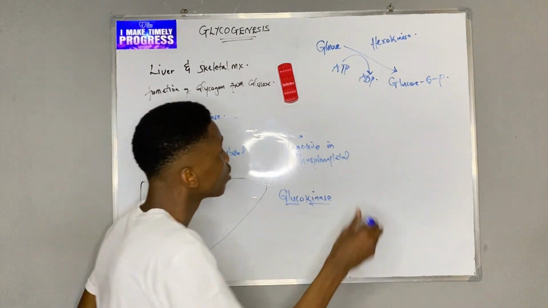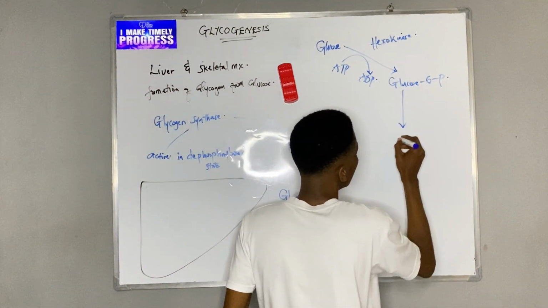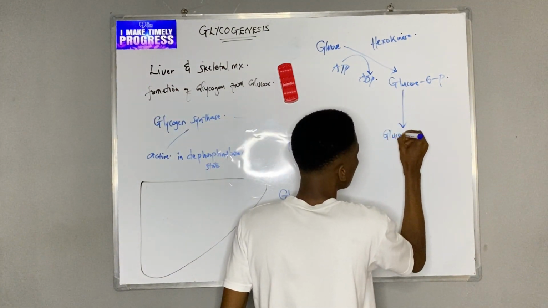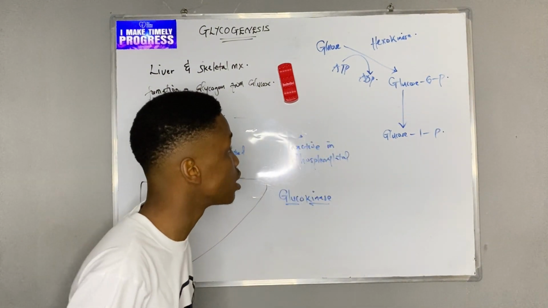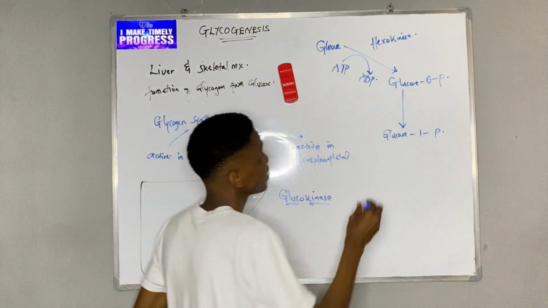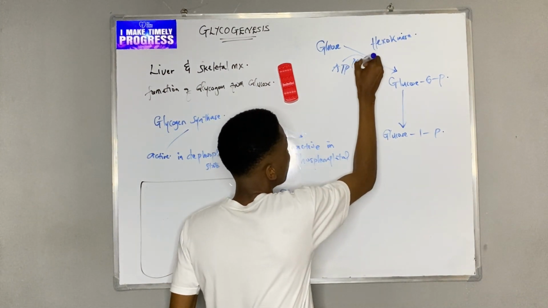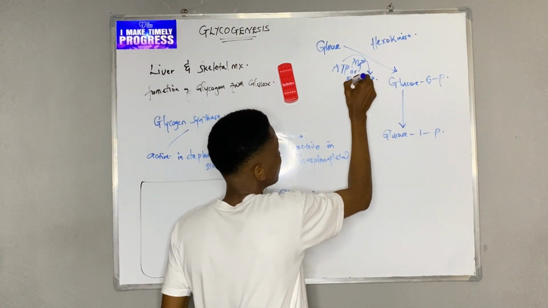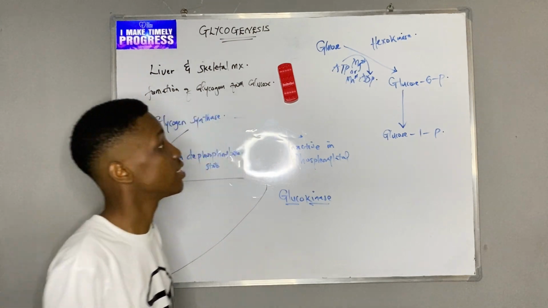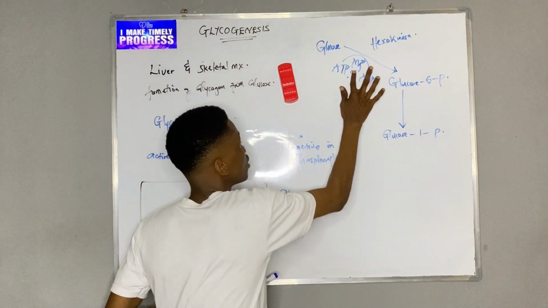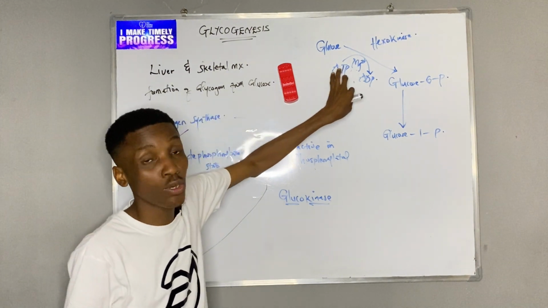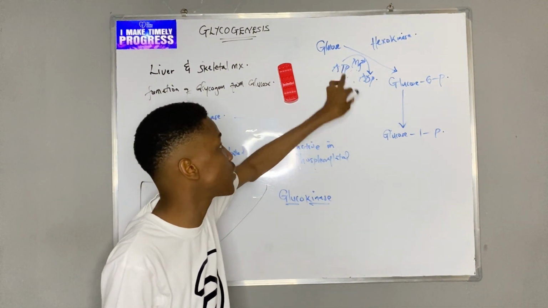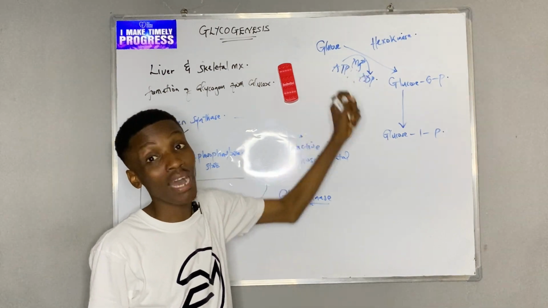Now, from here, glucose 6-phosphate is converted to glucose 1-phosphate. And for the enzyme responsible for catalyzing this step, please, we have cofactors. I had mentioned this earlier, that the cofactor, let me use magnesium only, for this reaction that involves hydrolysis of ATP and transfer of phosphate is usually magnesium.